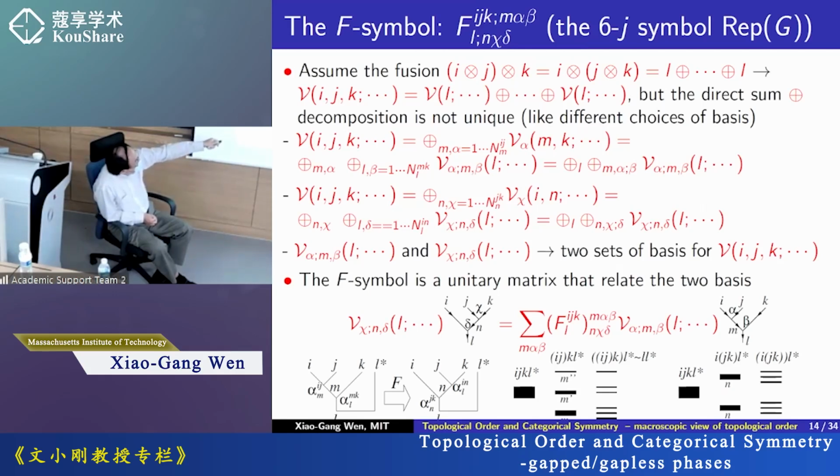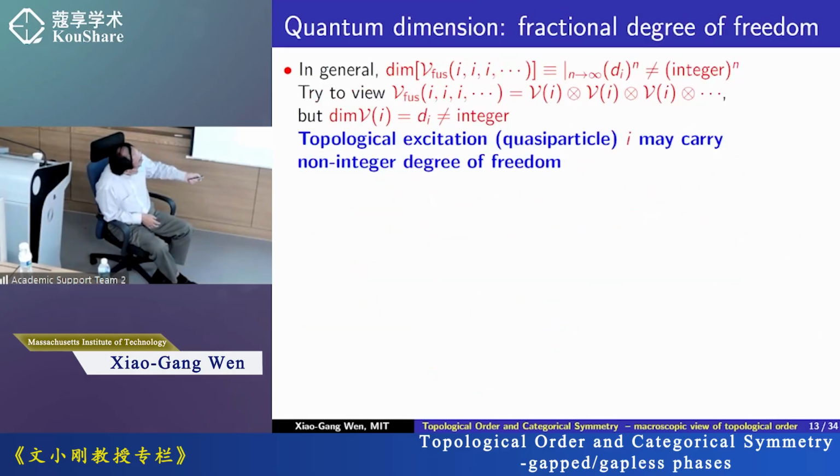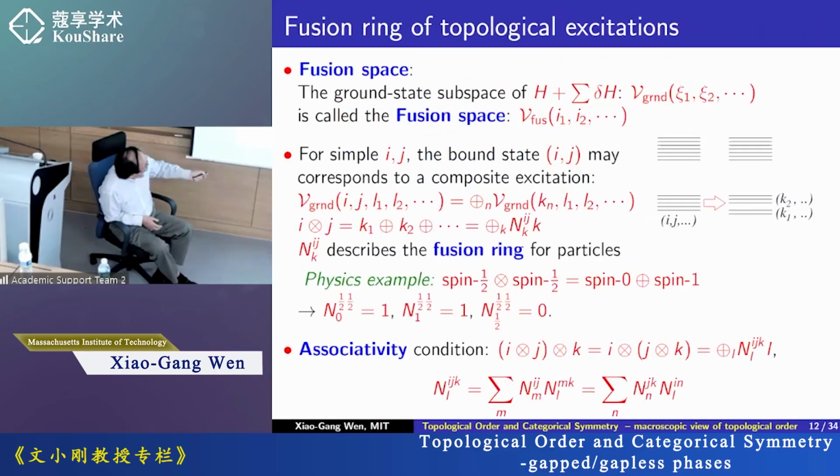Here we have I and J fused into M, but M may appear several times. That corresponds to the situation where I and J fuse into K1, K2, K3, etc. But maybe K1 equals K2, the same type. So this K1 may appear twice. Then we have N_ij^K, that K, the N would be 2.